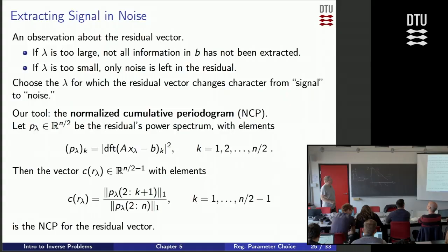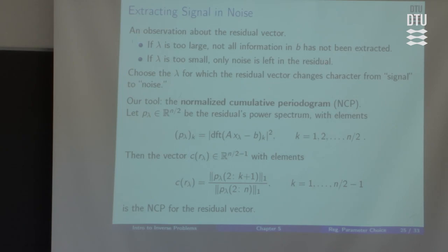So we want to track the behavior of the residual, and as we change the lambda, it should change characteristics, you know, from looking like a signal to looking like noise. Again, we can visually do that by inspection, but we want to automate this. So we need a mathematical and computational tool to do that.